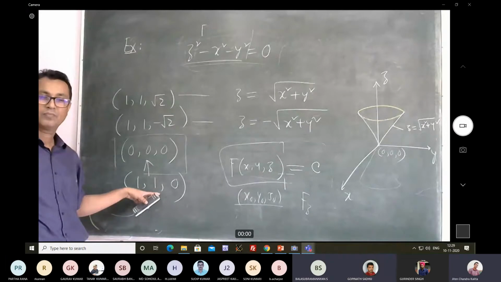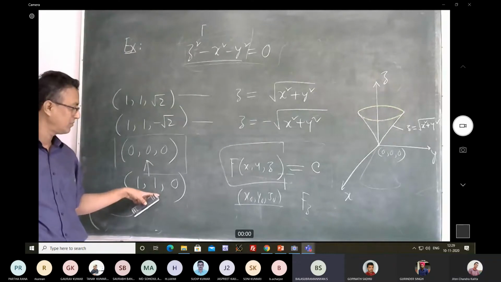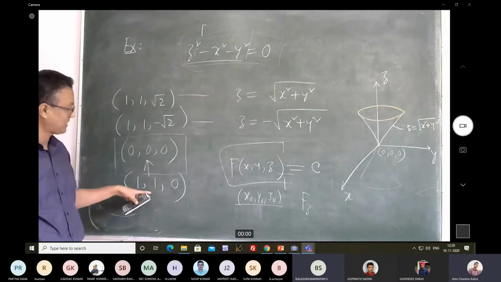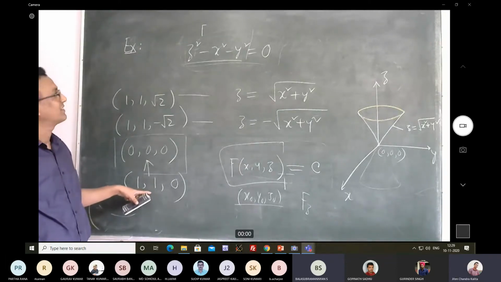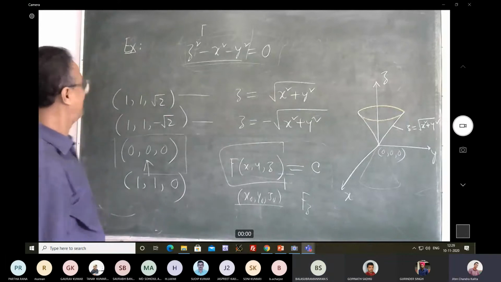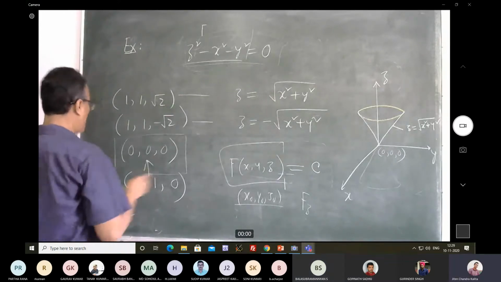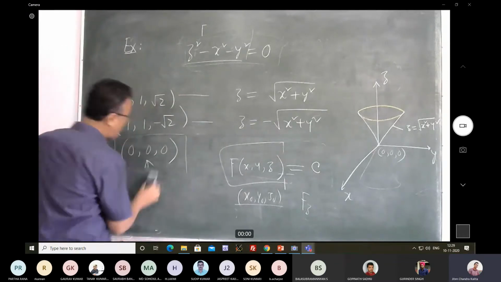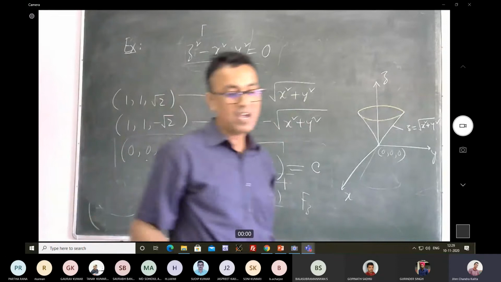Sir, this point is not on our level surface, because if you plug this point into z square minus x square minus y square, we are not getting 0. Yeah. Fine. I'm happy with that answer.